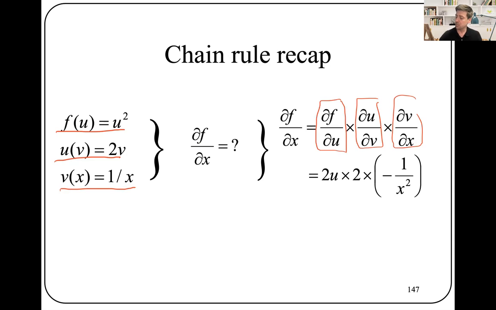And we're simply going to multiply each of these derivatives to obtain the final answer, which is the derivative of f with respect to x.